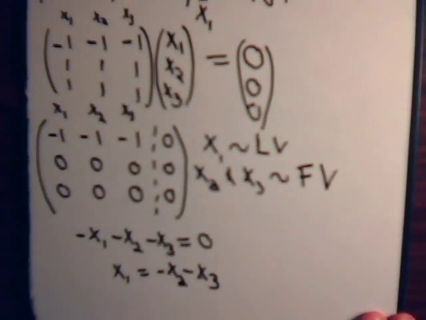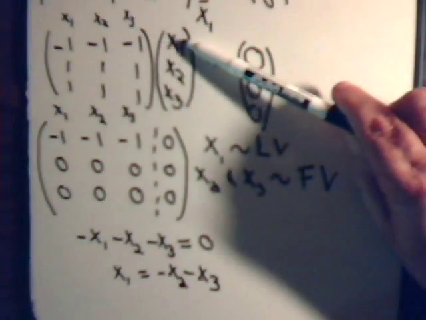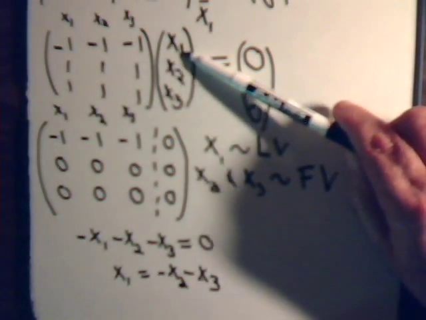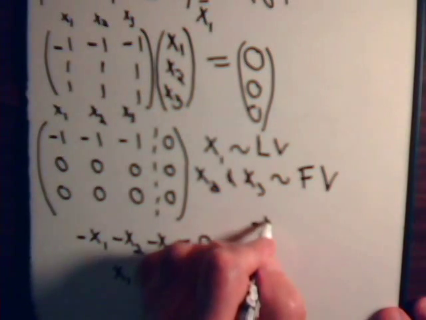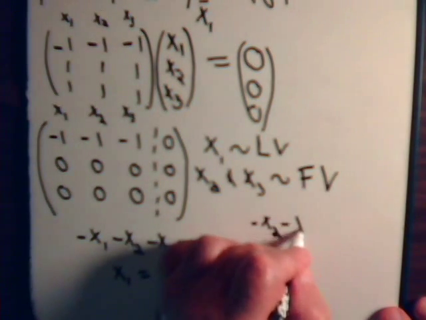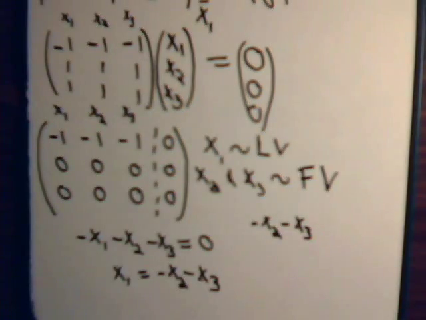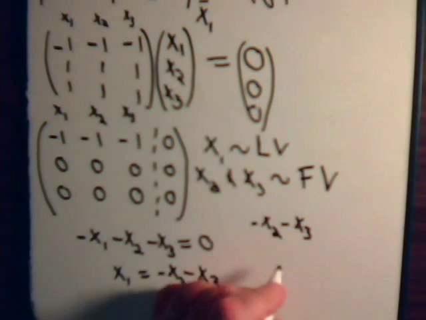So now vector x has 3 components. Well, the first component, x1, that's this. So we have minus x2 minus x3, and then x2 and x3 themselves are free variables.